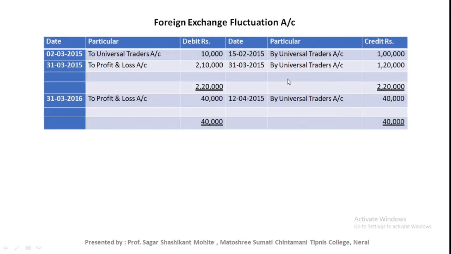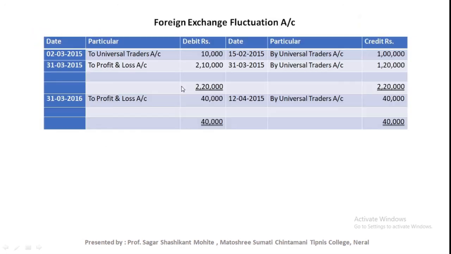So on the credit side of the foreign exchange fluctuation account, on 31st March 2015, by Universal Trader account rupees 1,20,000. After that, we calculate the balance: total of 2,20,000 and the balance is 2,10,000. That balance we need to transfer to the profit and loss account.